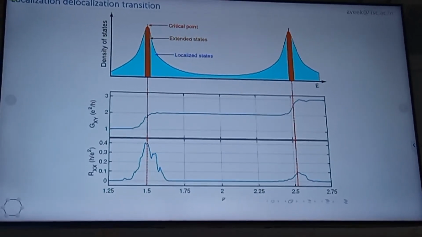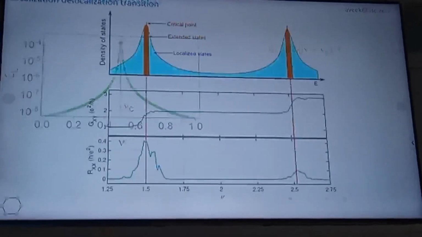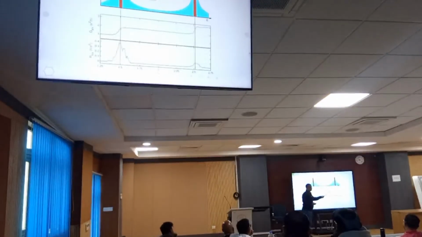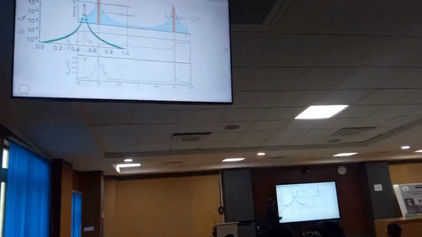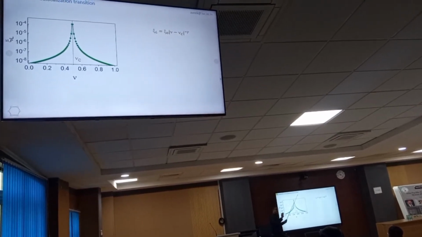So that's a simple picture of the quantum Hall effect. As I move my chemical potential, I go from an extended state to a localized state and again to an extended state. So you can think of it as a localization-delocalization transition of a strongly interacting system.